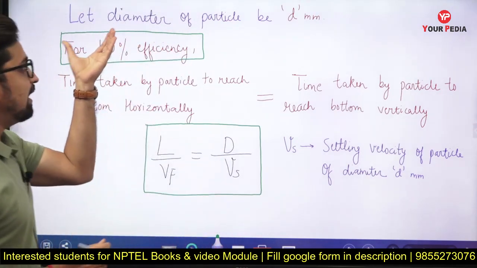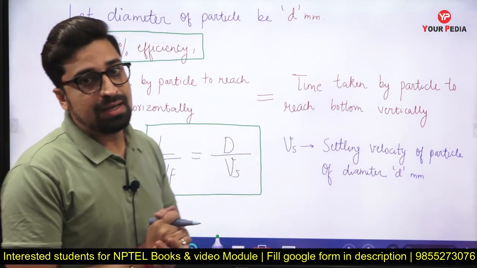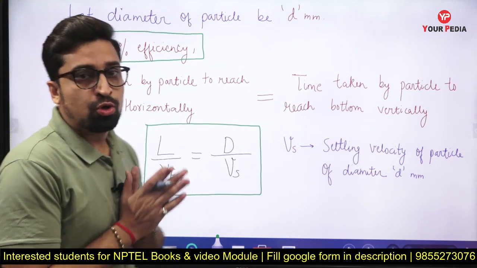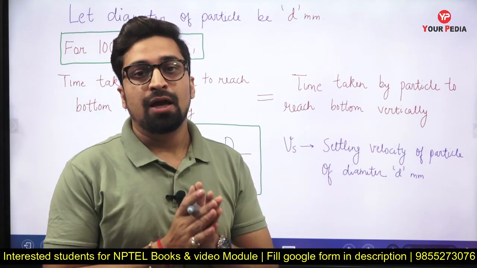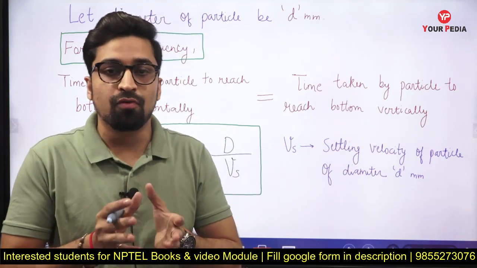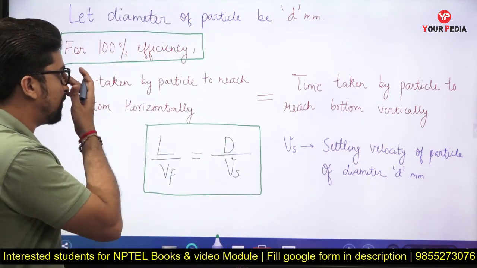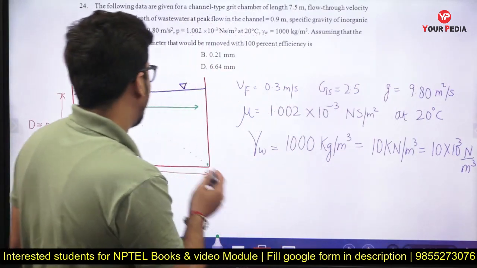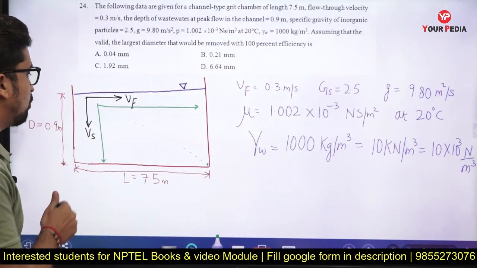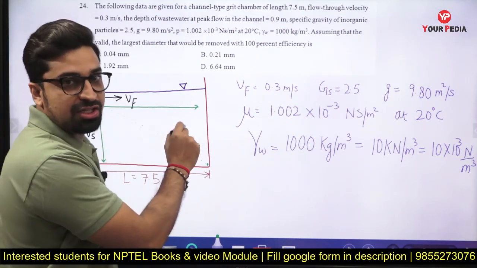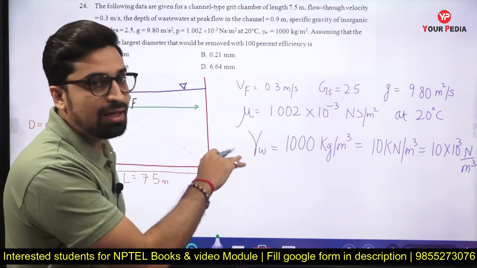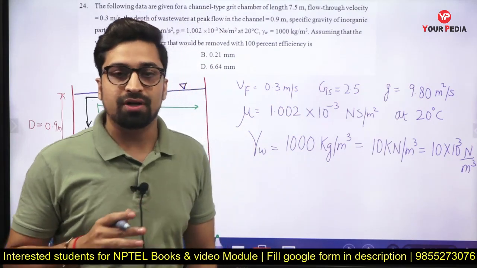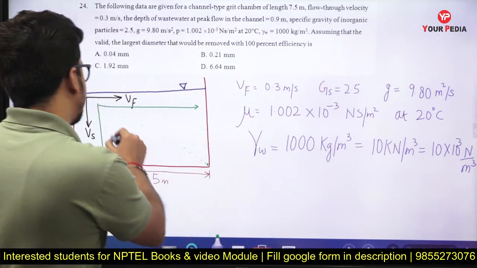Okay, so let the diameter of the particle be d mm, right? And now they are asking you to find the diameter of the particle d with 100% efficiency removal, right? In order to find 100% efficiency, we all know that the time taken by the particle, so here let us come back to our diagram, to reach the bottom of the tank horizontally should be equal to the time taken by the particle to reach the bottom vertically, in this direction.